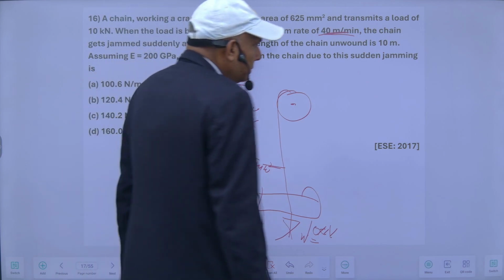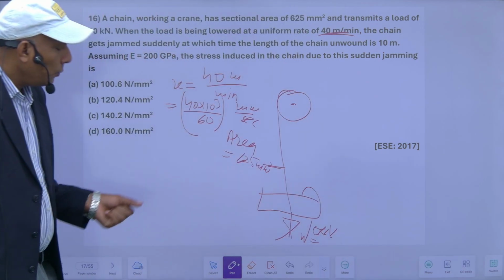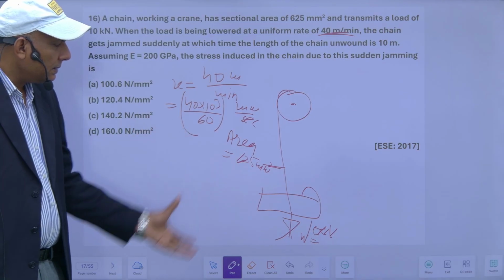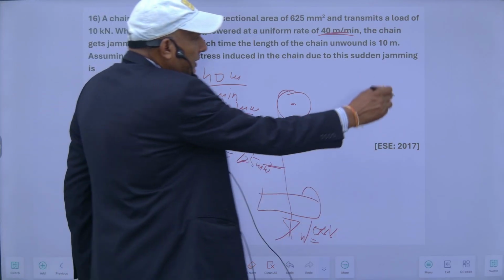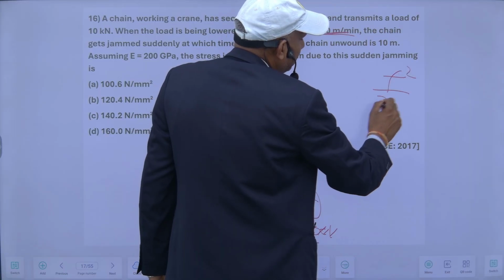As we know, the work done or strain energy per unit volume is F square upon 2E.